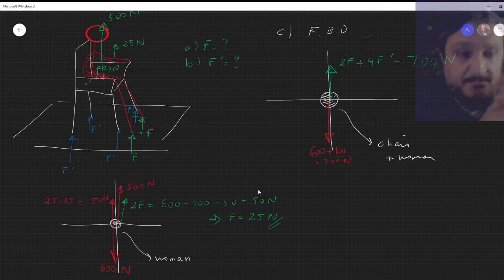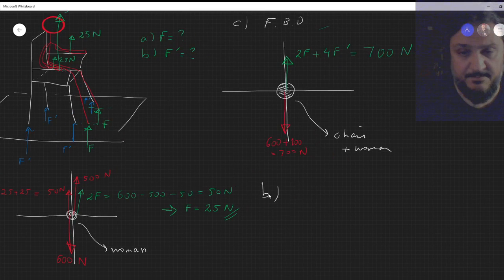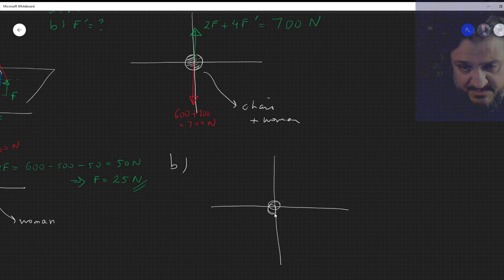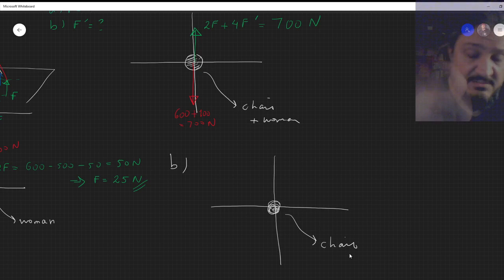Now, what about the chair? Okay, if we take the chair as a system, what happens? This was part A. Now let's focus on the chair only. So I'm going to draw a free body diagram. I'm just going to put something here that represents my system, but the system is the chair. Again, I only need to show the external forces on the chair. What are they?